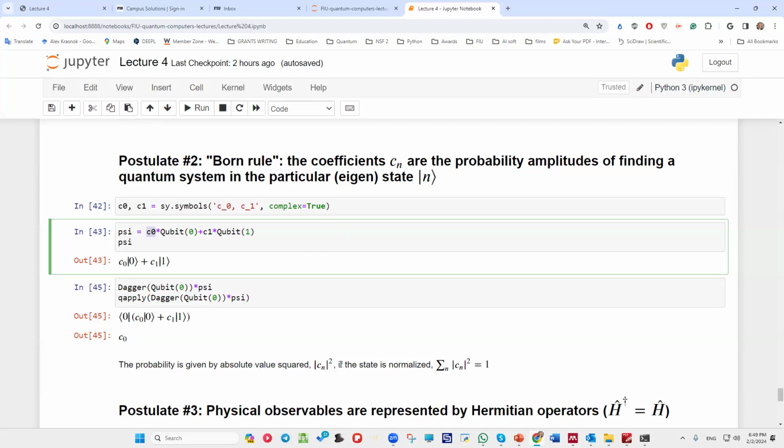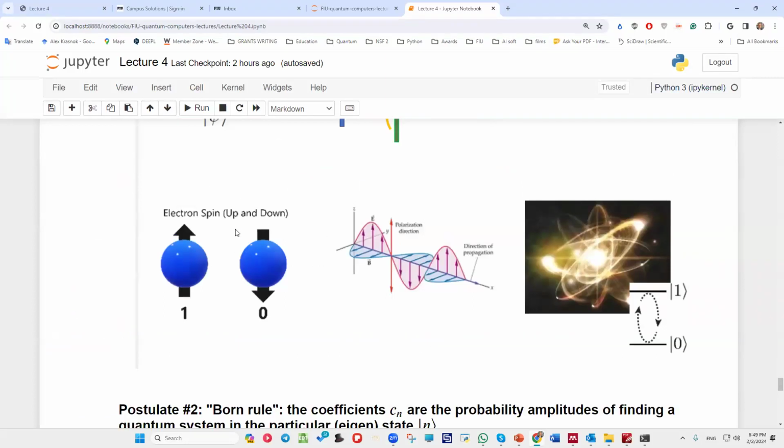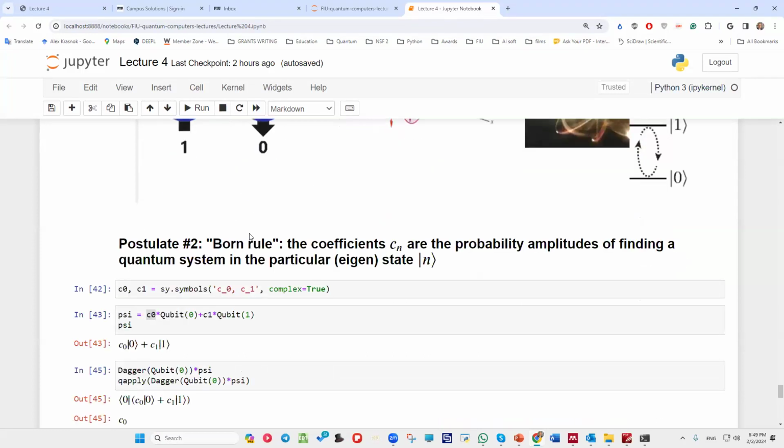And then finally, in order to find the probability of finding my state in the state 0, I need to take the absolute value squared of this coefficient. So in experiment, you have, for example, this spin in a magnetic field, and then you measure this spin, for example, 1,000 times, and then find the experimental amplitude.